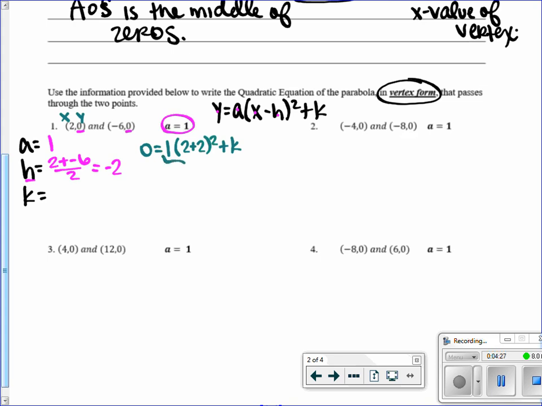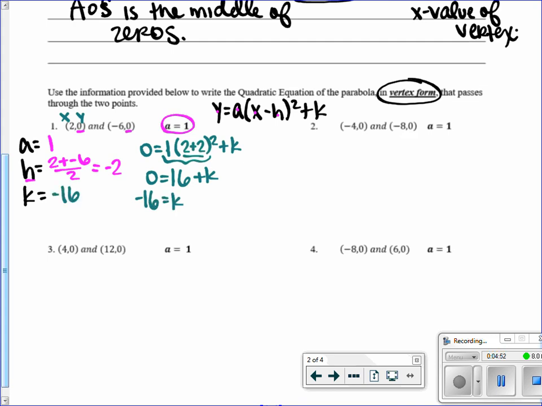This is what we have to deal with first. Specifically, the parentheses and then square it. So 2 plus 2 is 4. 4 squared is 16. And then 16 times that number 1 on the outside is 16. Now solving for k, we're going to subtract 16, so our k value is -16.